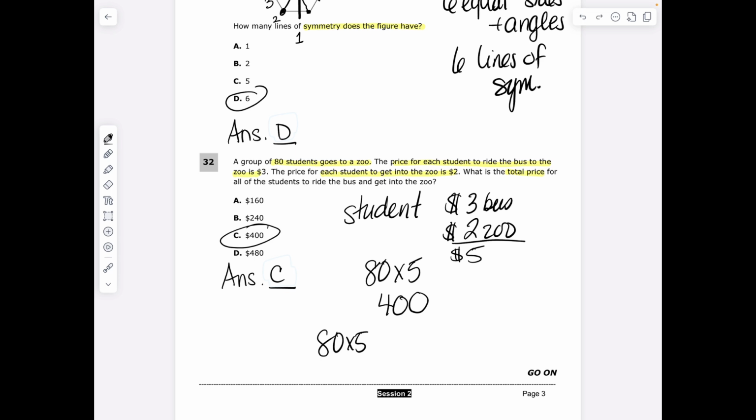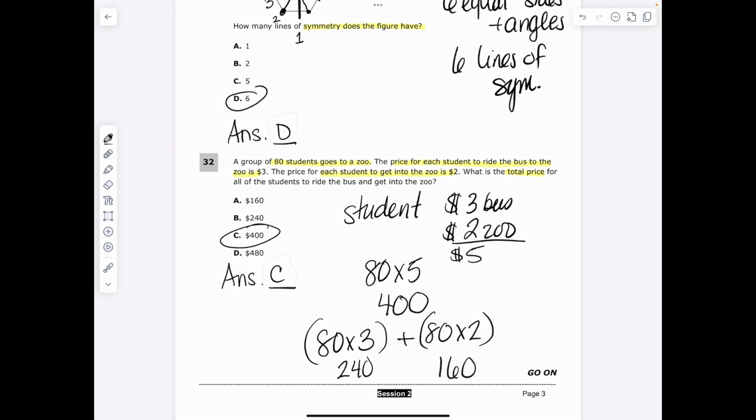They might be doing 80 times 3 to figure out the bus, and that's $240. And then 80 times 2, which is another $160, which would have been to get to the zoo, and just add them up together to get 400. That can also work.